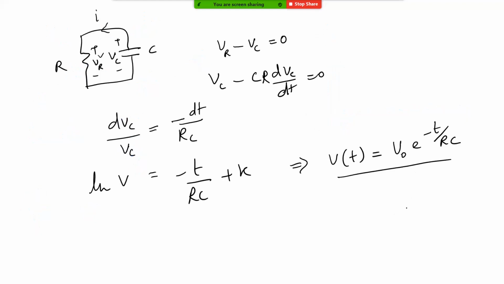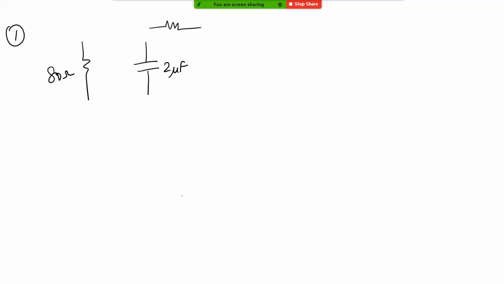All right, so let's try to solve some problems in capacitors. Let's say we have 80 ohms here, and a capacitor of 2 microfarad, and 70 ohms, and a 50 volt source.